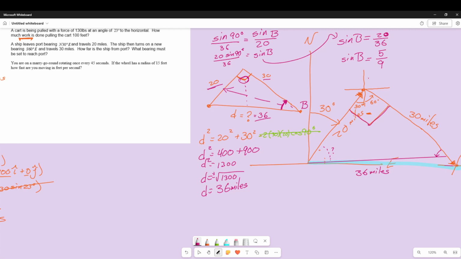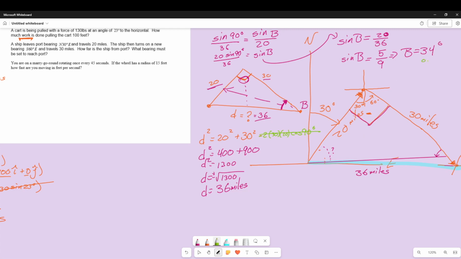But then at some point we're going to need to take the sine inverse of that. So sine inverse of 5/9 is 33.7. I'm going to call it 34 degrees. So that implies that B is 34 degrees.